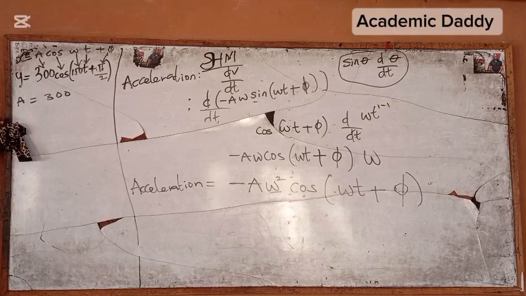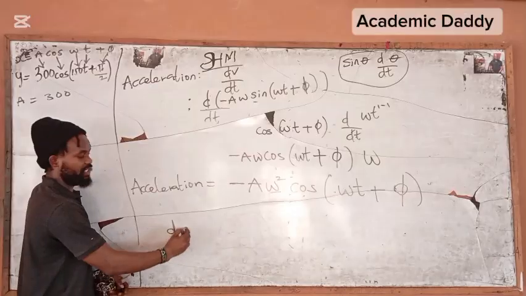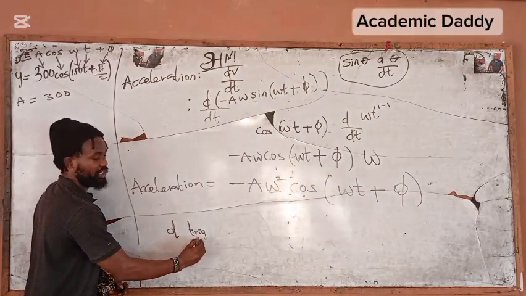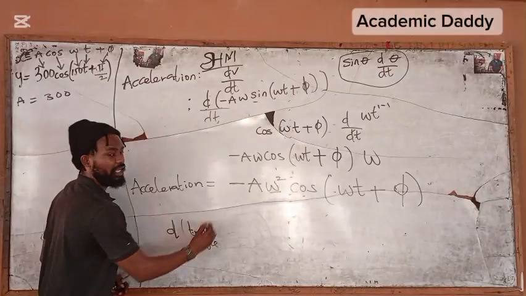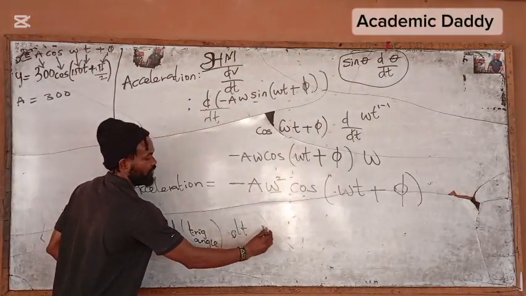So because of that, we now know what simple harmonic motion is. We now know the equations of simple harmonic motion, and that the basic principle of deriving it is simply to differentiate the trig function, then also differentiate the angle itself.